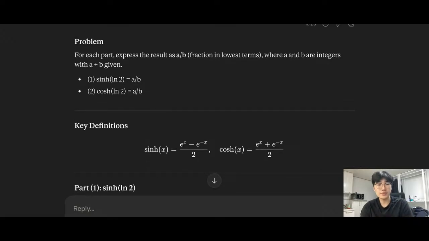Key definitions. So sinh and cosh, always that way.